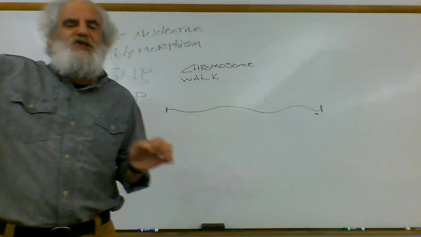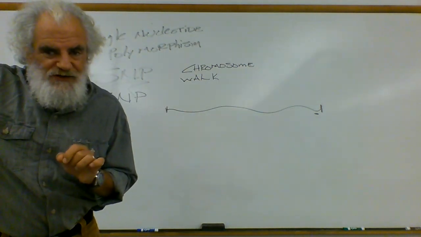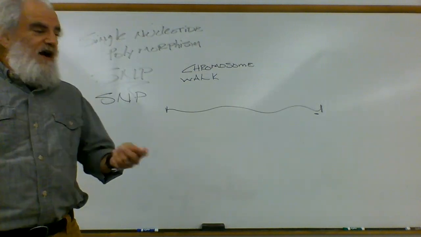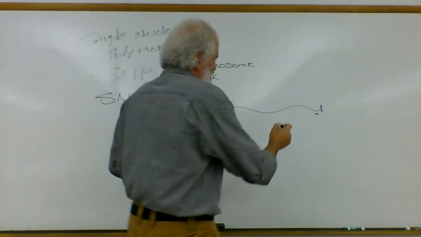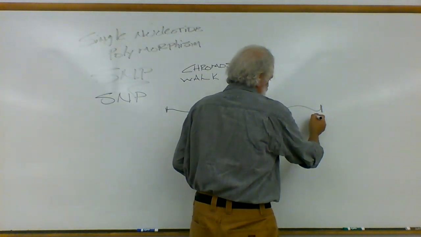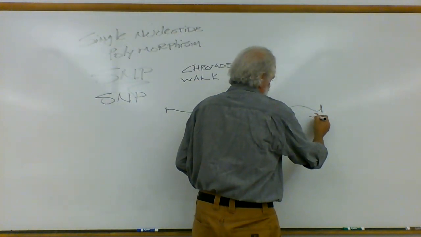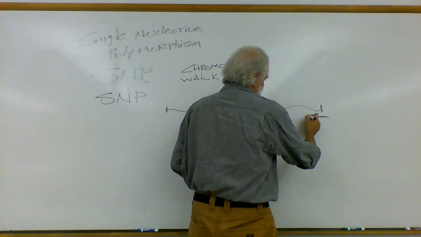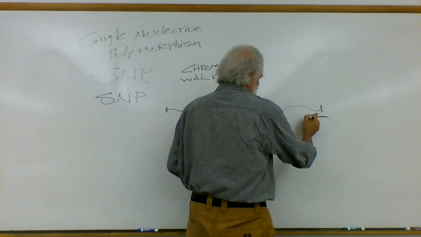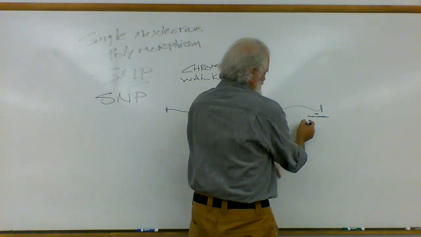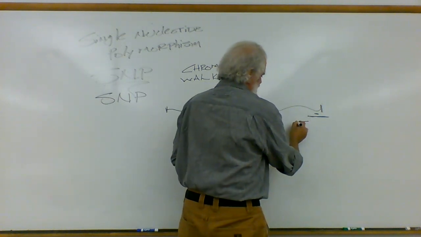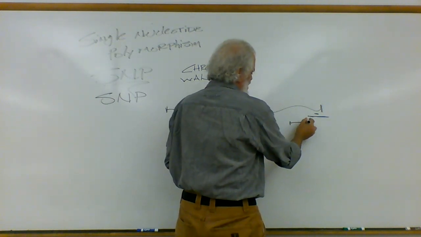Now you begin screening genomic libraries and identifying genomic fragments. And what you're going to try and do is find a piece of genomic DNA that is going to be like this. And you then make a probe from this end and try to extend your chromosome walk.